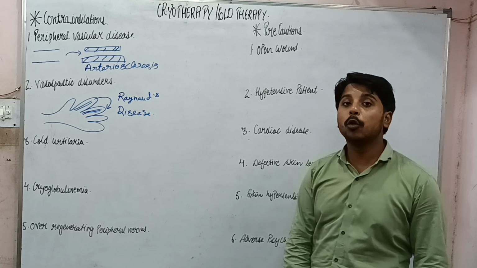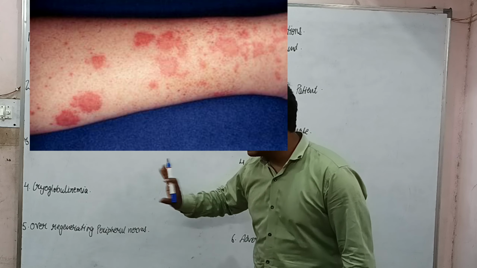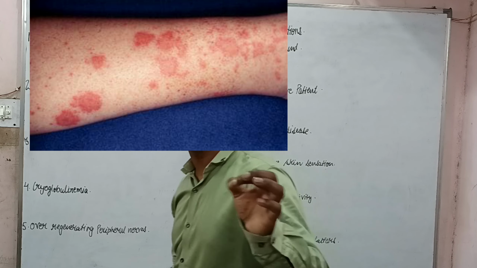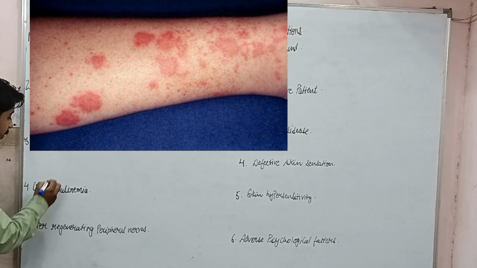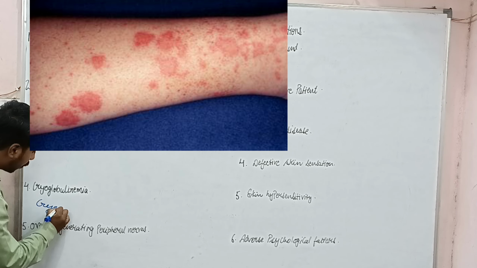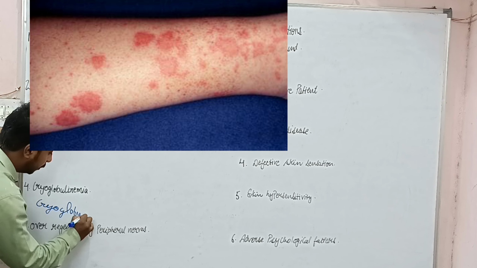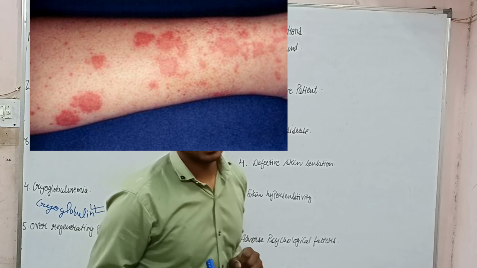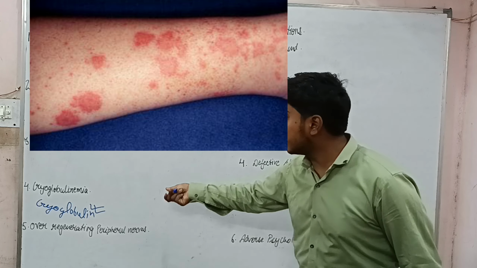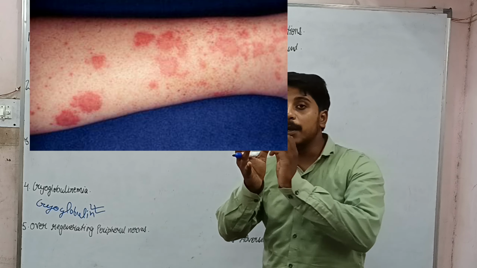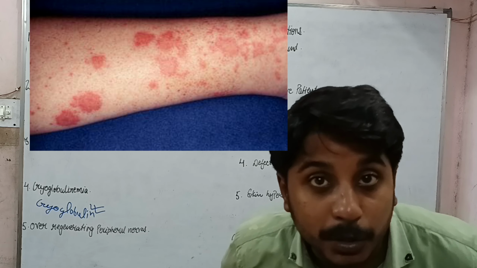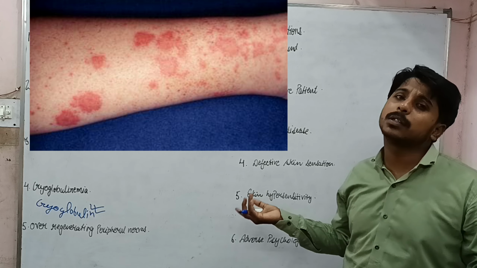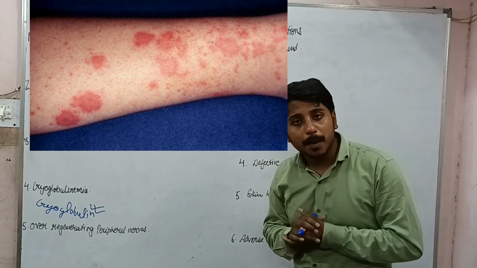Next is cryoglobulinemia. In this condition, the patient has an abnormal protein called cryoglobulin, and it is a temperature-sensitive protein. That is, when temperature is reduced, this protein will precipitate and may cause obstruction, and if obstruction occurs in the blood vessel, blood supply will reduce, again may cause ischemia.